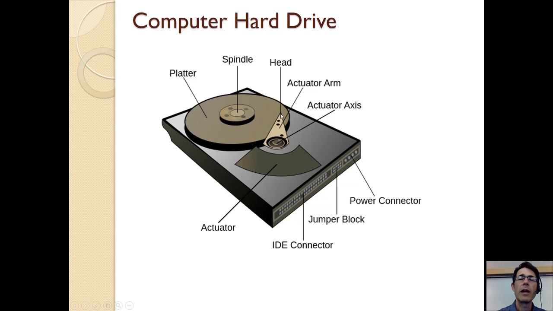And there's a little magnetic head that reads the disk, and that has to be moved back and forth while the disk is spinning so that it can cover any part of the disk. So there's an actuator to move that head back and forth, and there's a spindle to spin the motor. This doesn't show a lot of details, but there are probably some sensors in there. And then there's a control board back here and a power connector.